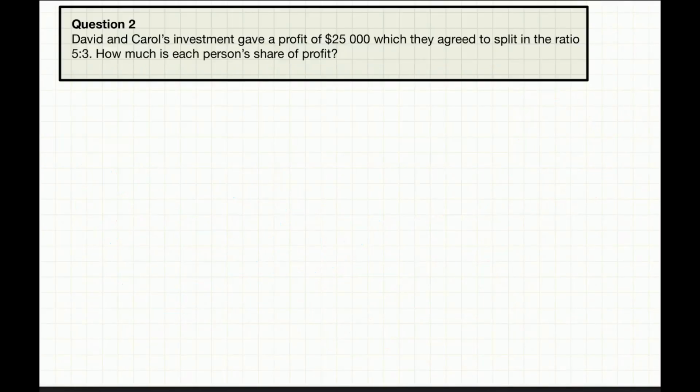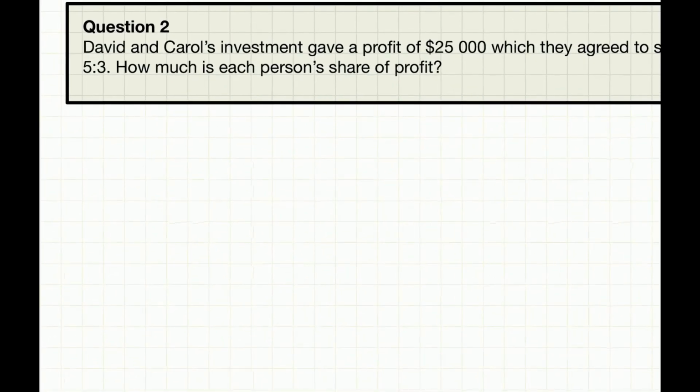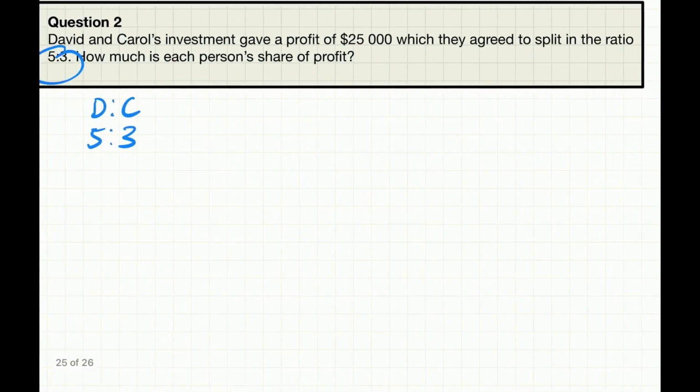Excellent. Question 2. David and Carol's investment gave a profit of $25,000, which they agreed to split in the ratio 5 to 3. How much is each person's share of the profit? Once again, let's start off with step 1. We need to find how many parts there are. They're splitting the profits in a ratio of 5 to 3 between both of them.